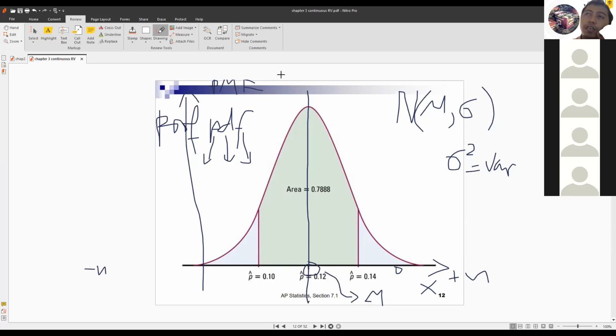How about the standard deviation or variance from this graph? From this graph, we cannot determine them. We can determine the mean or average from the graph, but for the variance or standard deviation, we cannot.